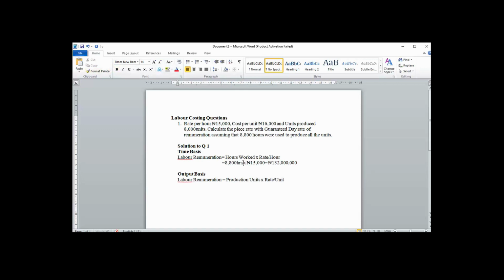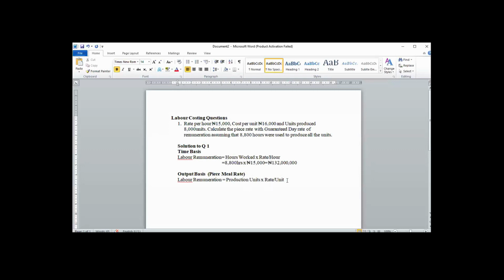They can also call it what? Quantity produced. Are you with me? If they don't call it labor unit, they can call it unit produced, quantity produced, or output. Is that clear? Take note. Another name for output basis, we can also call it piecemeal rate, piece rate. Is it clear?